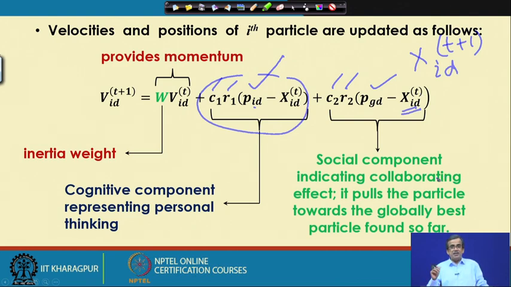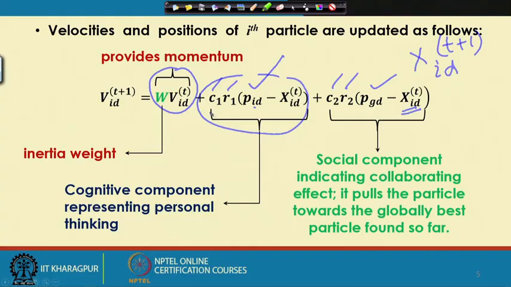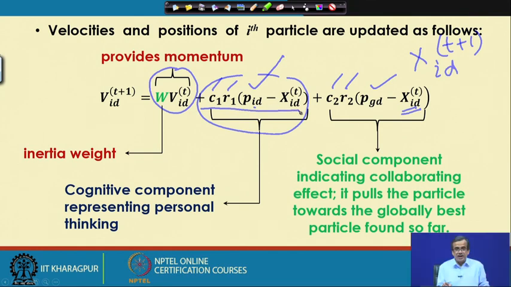Now, let me take a very simple, practical example. Supposing that Mr. X has got some training, he has got a degree, say a PhD, and now he has joined some profession, might be research, and he wants to improve. If he wants to improve, he will have to depend on the initial momentum, there is no doubt in it. At the same time, he will have to improve himself, and that indicates the second component.